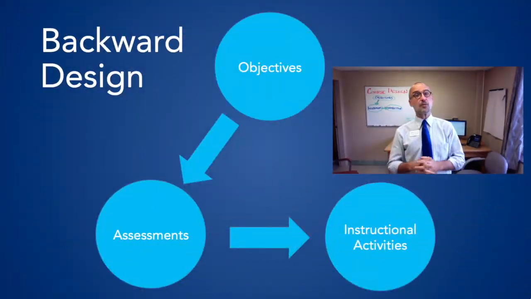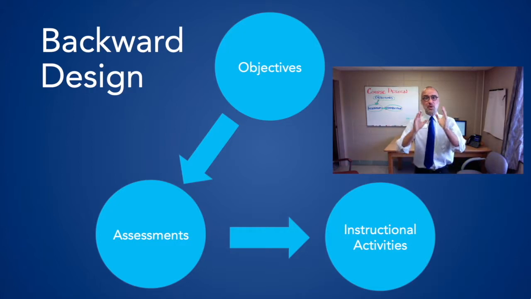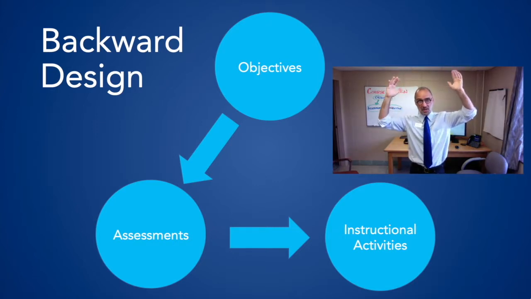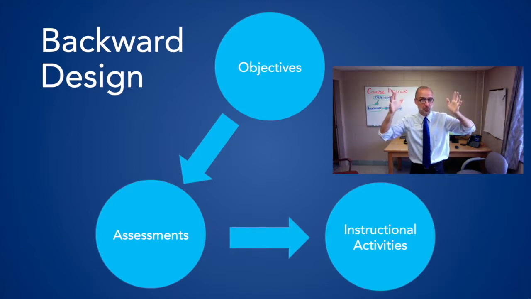So that is the backward design model for course design. We go in the opposite order of what happens in the classroom. Instead of going in and teaching and doing our tests and reaching our objectives, we go in reverse when we design. We plan our course by first deciding our big picture objectives, the things that we want students to know and to be able to do.